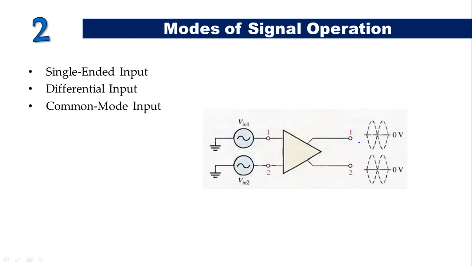Nagsi-zero na siya kasi nagka-cancel yung dalawang output signals, no? So ang tawag natin dito sa action na to is common mode rejection. Okay? Again, we call this action common mode rejection.